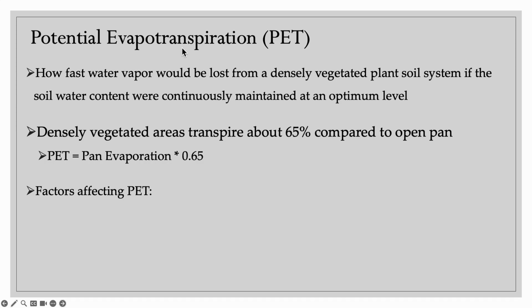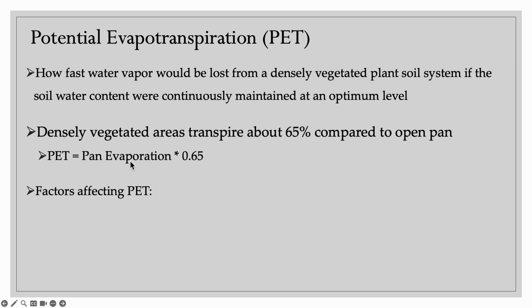Okay, so the way that we measure this is with potential evapotranspiration. This is the way that we try to understand how fast we expect to lose water before our plants can get to it. We have these evaporation pans.